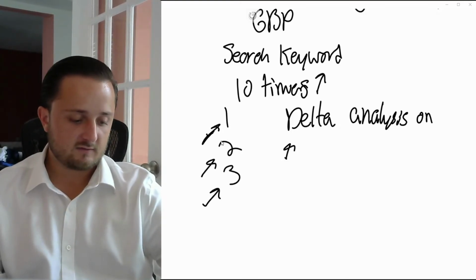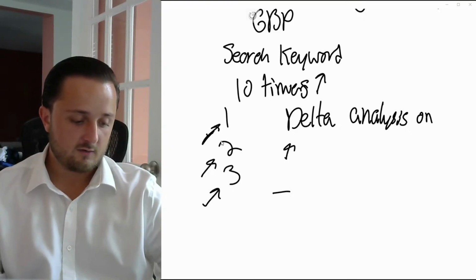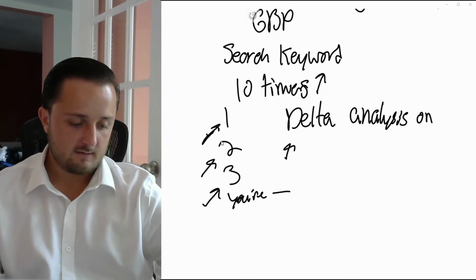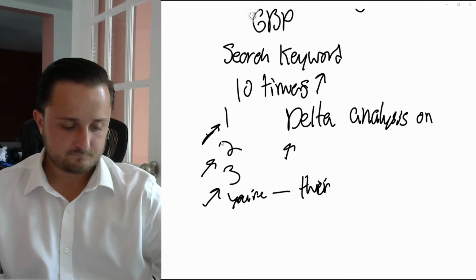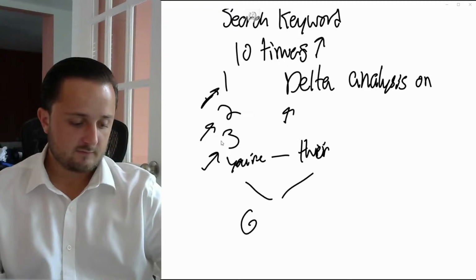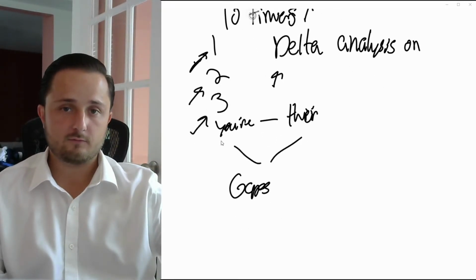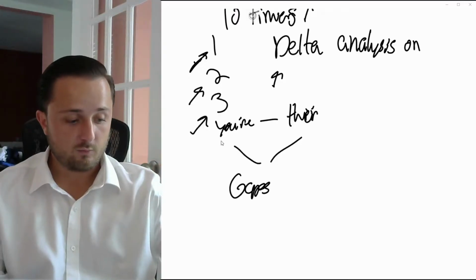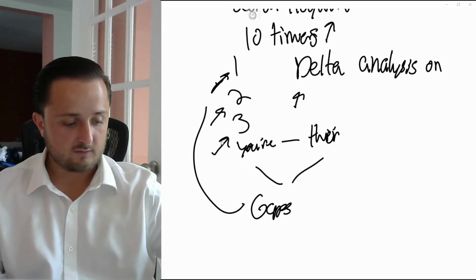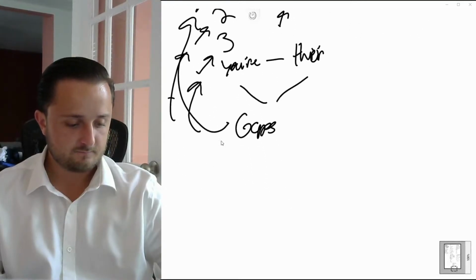All delta is, is the difference. Basically, we're going to subtract where you're at versus where they're at to find the gaps, or where we need to improve, so that we are the ones appearing in the first, second, or third position.